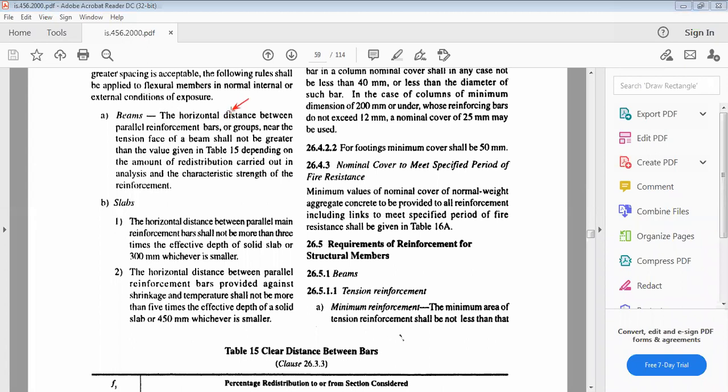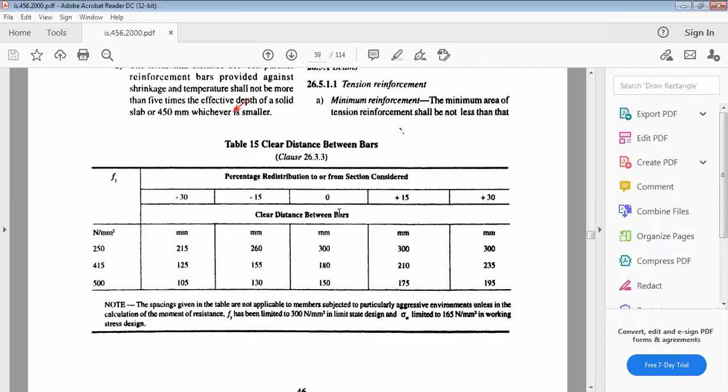The horizontal distance between parallel reinforcement bars or groups near the tension face of a beam shall not be greater than the values given in table 15, depending on the amount of redistribution carried out in the analysis and the characteristic strength of the reinforcement. So what this says, ये table 15 है, this one.